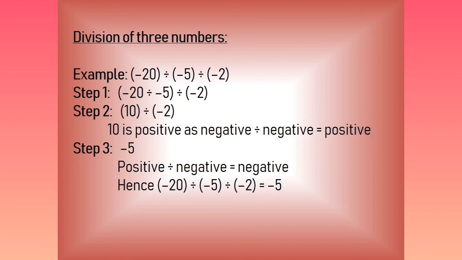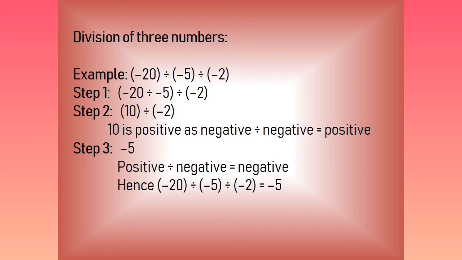In step 2, we get 10, and we divide it by the third integer, -2. 10 is positive as negative divided by negative is positive. In step 3, we get the answer as -5. Positive divided by negative is negative, hence -20 ÷ -5 ÷ -2 = -5.